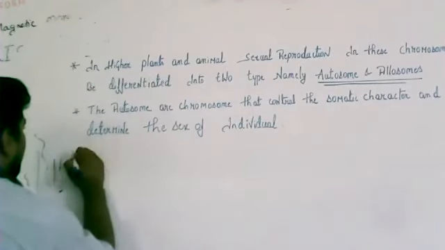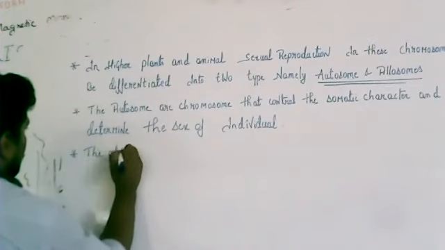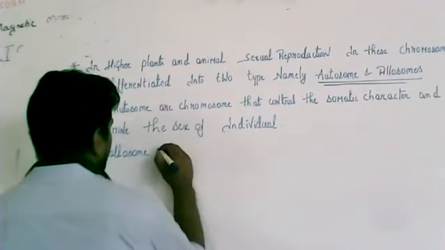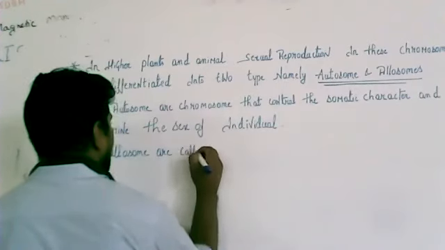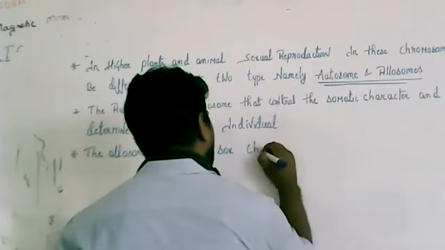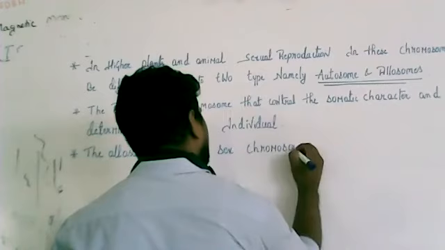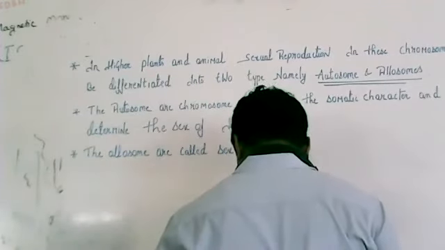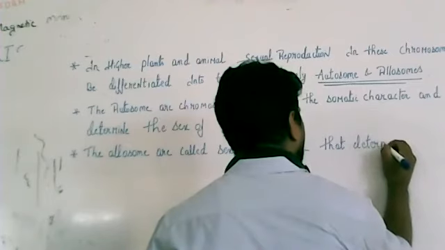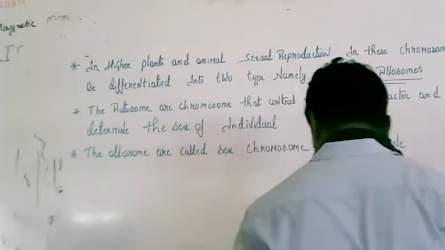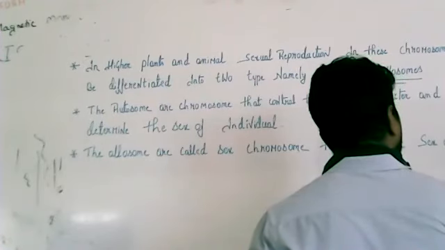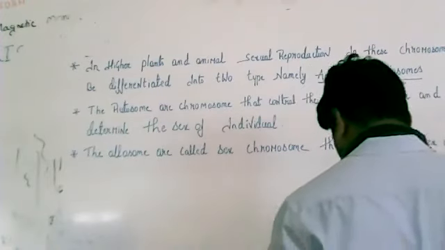The allosomes are called sex chromosomes, chromosomes that determine the sex of an individual.